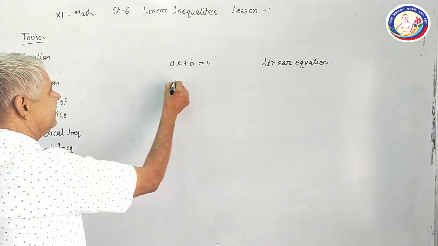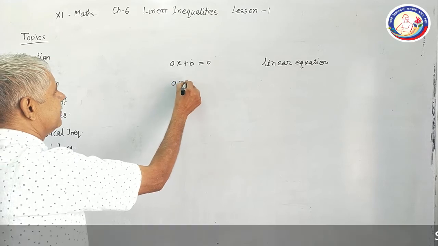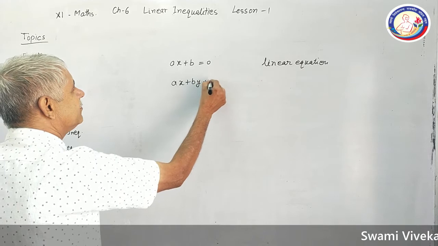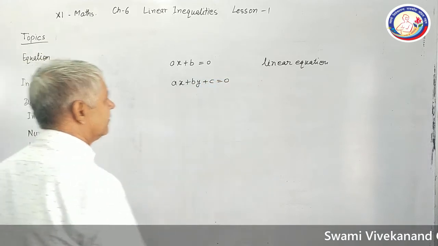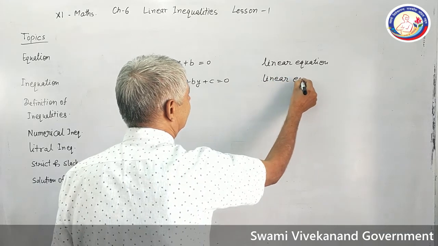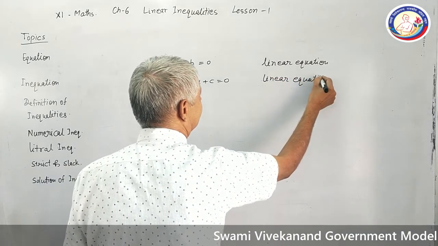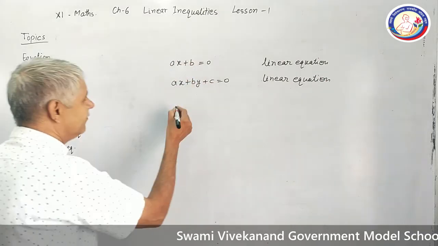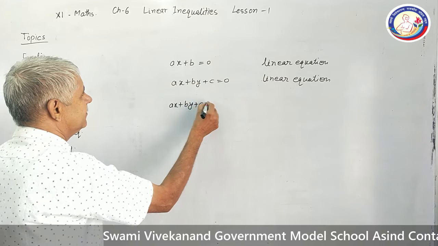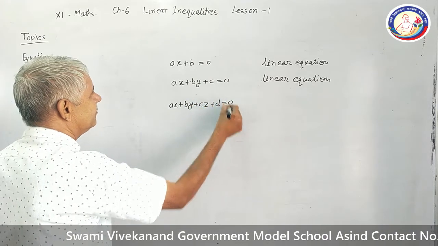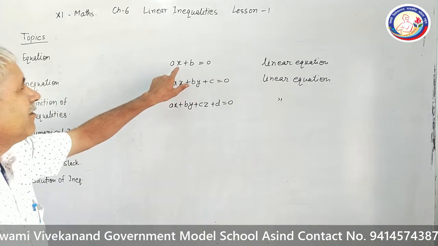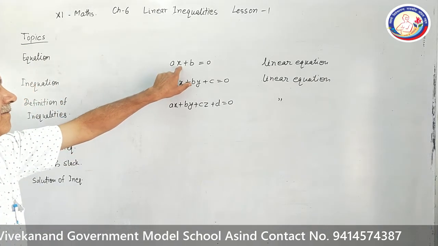Again, if there is any equation ax plus by equal to c or plus c equal to 0, this is also linear equation. Again, we can have ax plus by plus cz plus d equal to 0. This is also linear equation. What is highest power of this variable here?